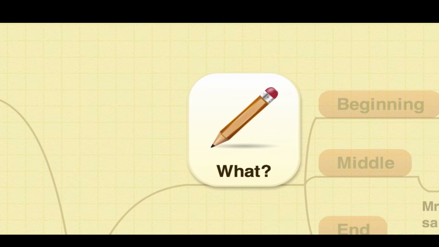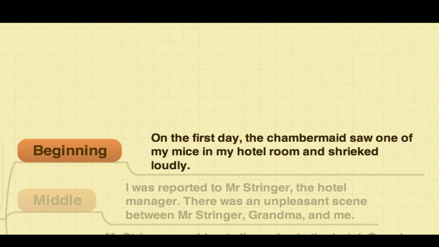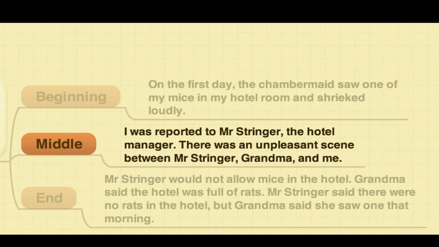What happens in the story? Let's break this up into the beginning, middle, and end. Beginning. On the first day, the chambermaid saw one of my mice in my hotel room and shrieked loudly. Middle. I was reported to Mr. Stringer, the hotel manager. There was an unpleasant scene between Mr. Stringer, Grandma, and me.